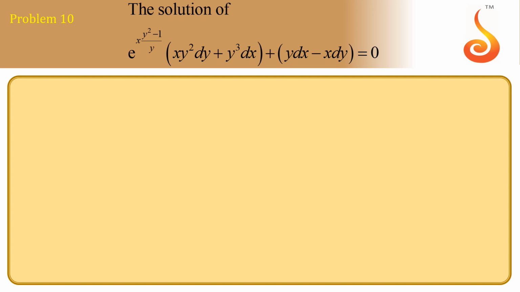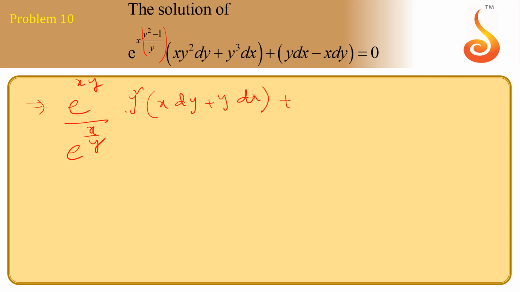So if you simplify this equation as e power xy divided by e power x by y, in the first term, y square by y, y gets cancelled, so xy minus x by y into, here, if you take y square common, x dy plus y dx plus y dx minus x dy equal to 0.